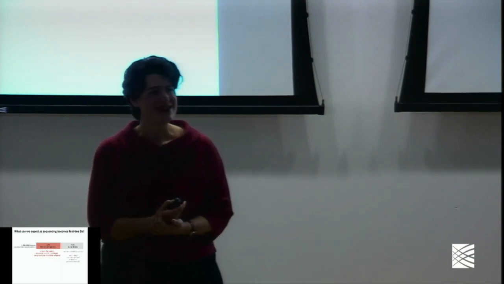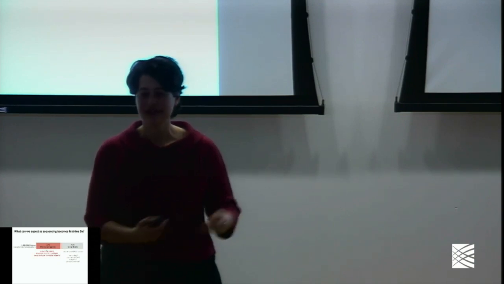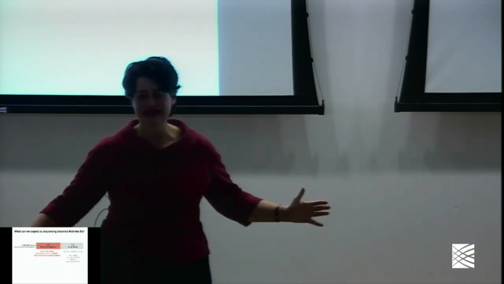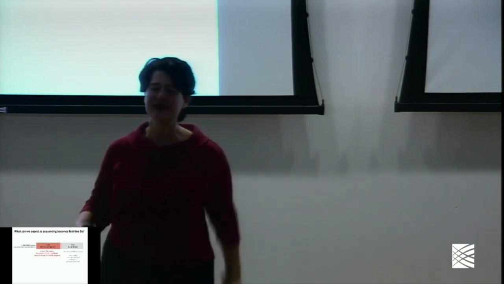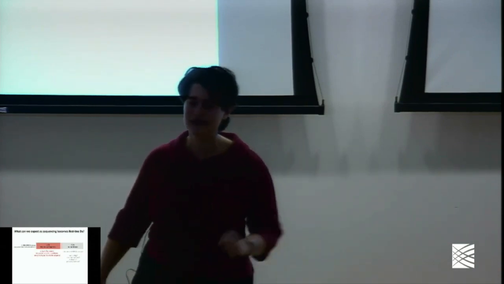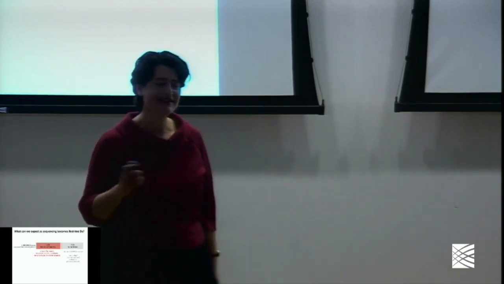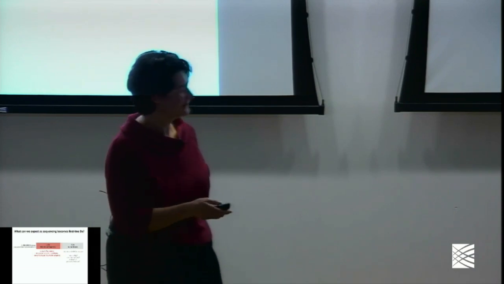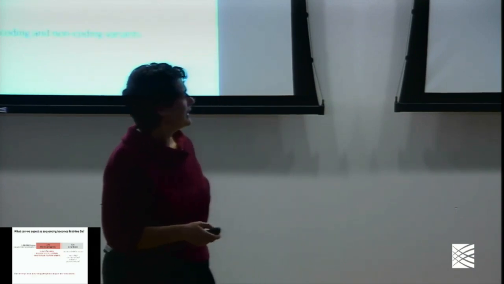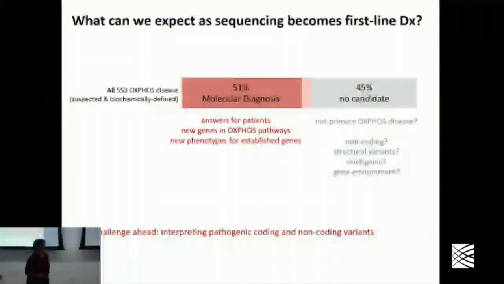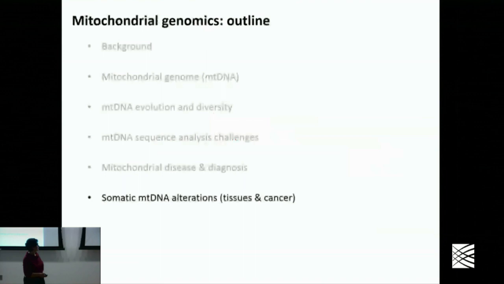But you're still thinking it's going to be all in the mitochondrial proteome? In the mitochondrial proteome. Because we know genes that are ubiquitously expressed still have extremely specific phenotypes. Right. So it doesn't have to do with the tissue. Let's talk later, because I think these are interesting ideas. So the main challenge ahead for mitochondrial human disease genomics is, like in most diseases, how do you interpret the pathogenic coding and non-coding variants?